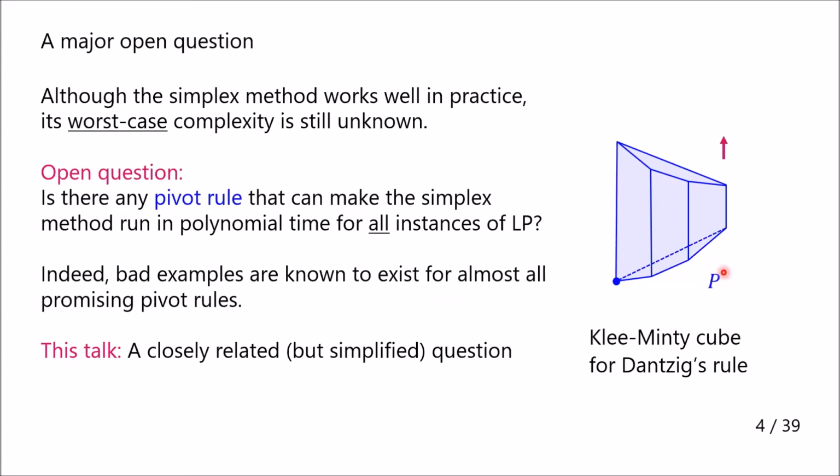On this deformed cube, the simplex method with Dantzig's pivot rule visits all the vertices like this, although one can reach the optimal vertex in one step via this edge. And in this talk, I would like to discuss a closely related but simplified question.